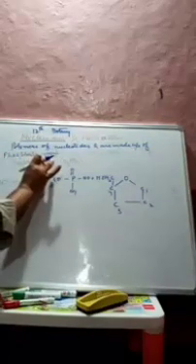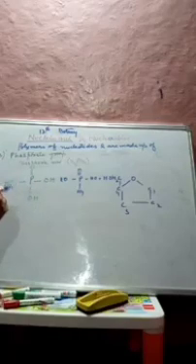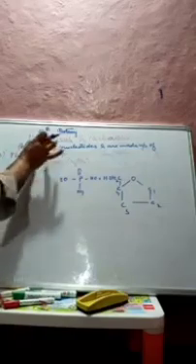Now, how do these three things, the pentose sugar, the nitrogen base, and the phosphoric acid, combine together to form a nucleotide? And these nucleic acids are the polymers of these nucleotides.